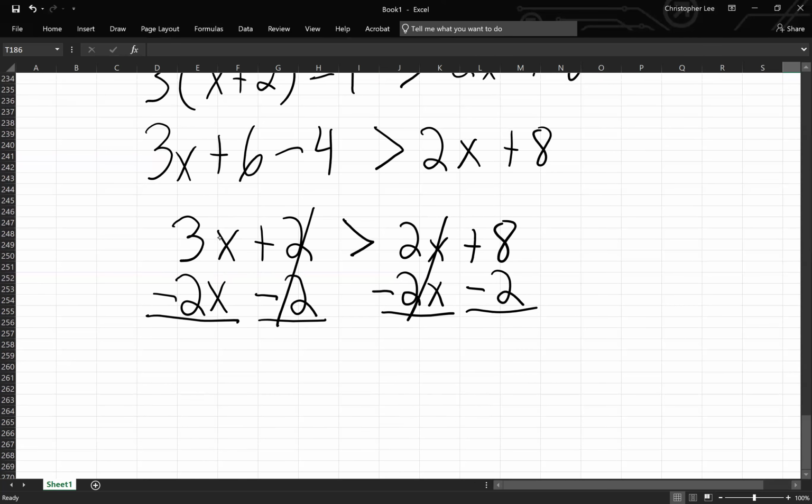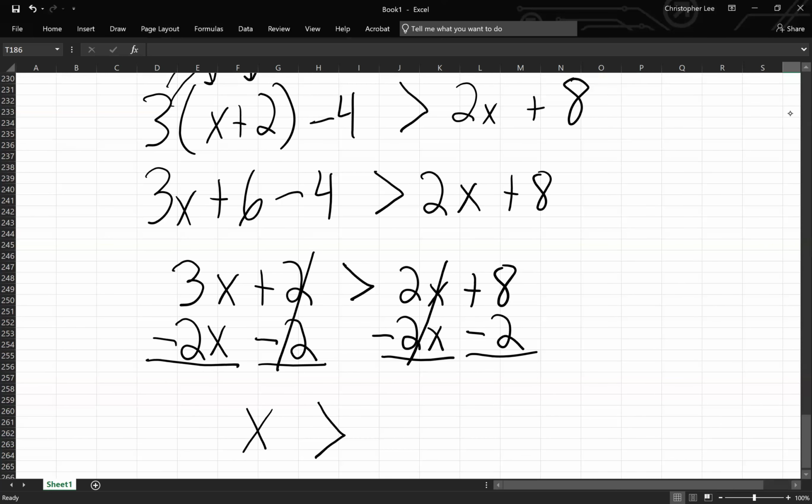So what do I have? 3x minus 2x is 1x, bring down the inequality, greater than. What's 8 minus 2? Very good. So there you go. This is my answer right here: x is greater than 6.